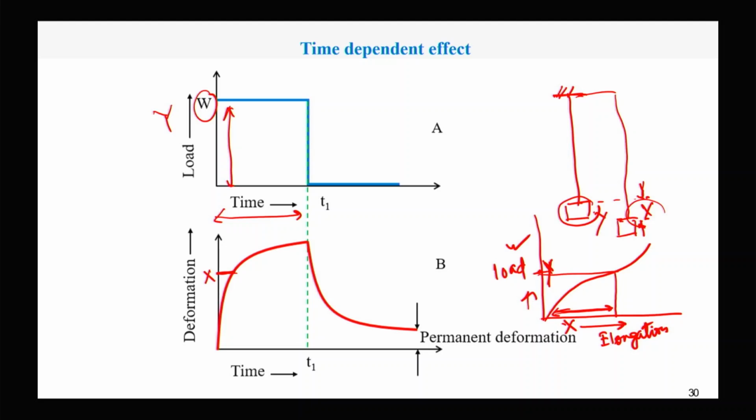But effectively it has been observed that if we keep the load for a long time, there will be slow extension. This effect is called the creep effect, and it happens due to gradual molecular orientation and molecular sliding.